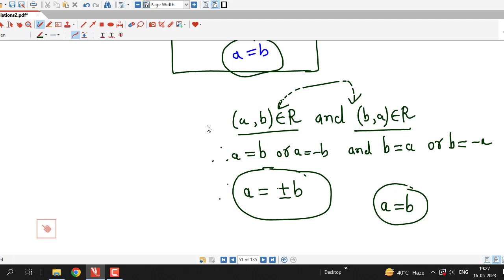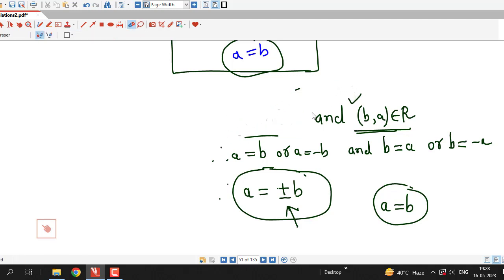So we are not able to prove that if AB belongs to R and BA belongs to R, then A and B are always equal. So from this we may have the idea that relation cannot be antisymmetric.